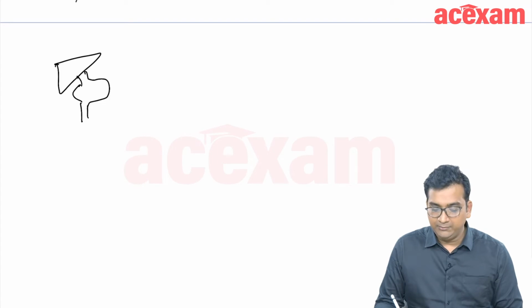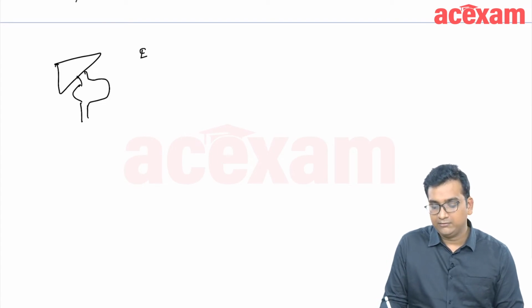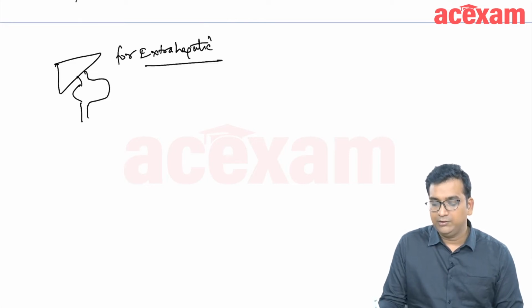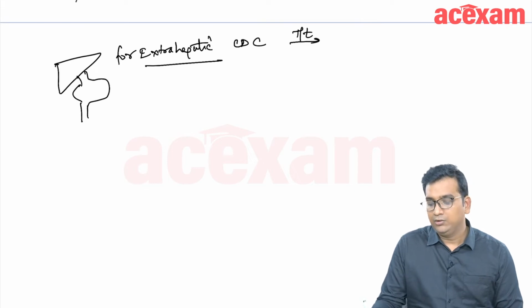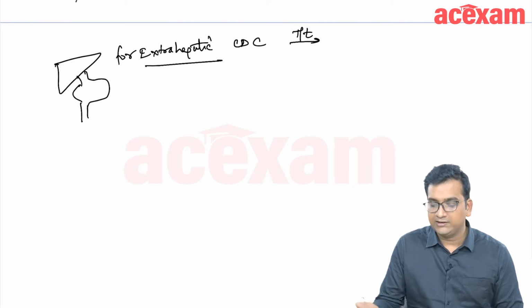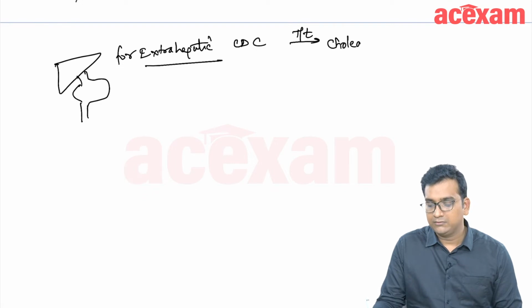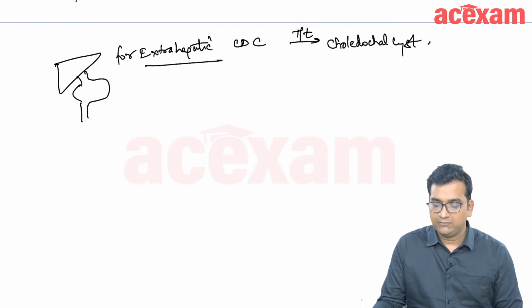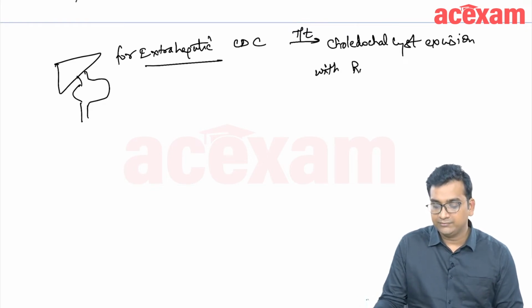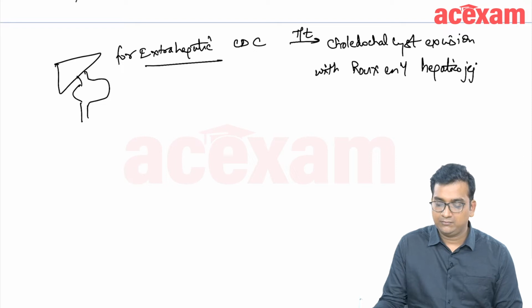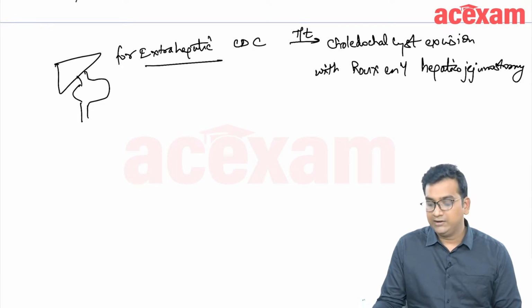Now the treatment for an extrahepatic choledochal cyst is choledochal cyst excision with Roux-en-Y hepaticojejunostomy, or in short form, RYHJ.